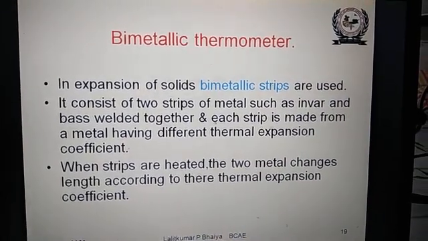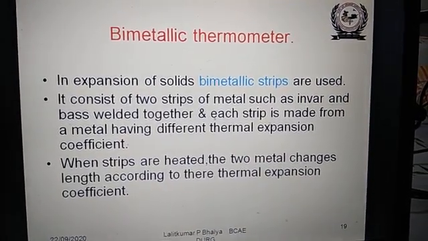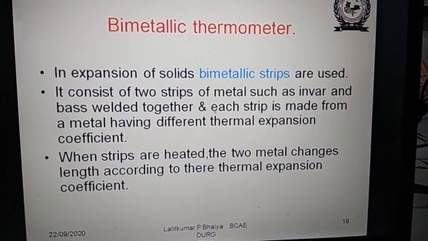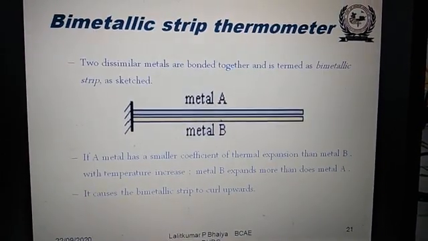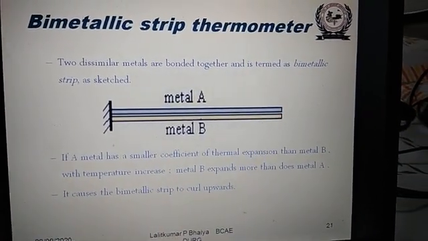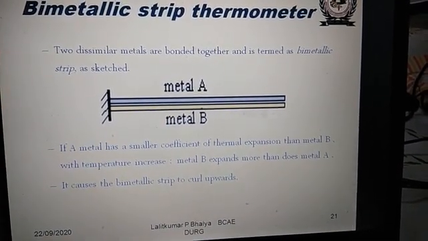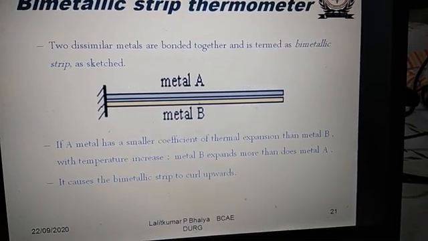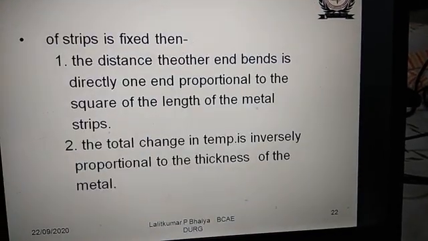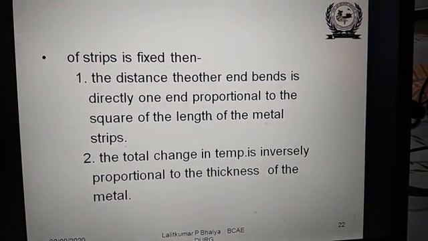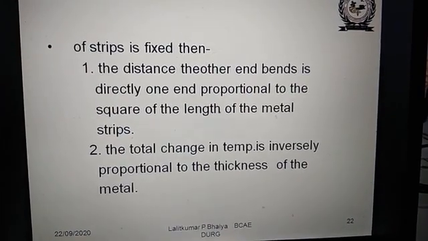This we have already seen in the last video, that is bimetallic thermometer. Bimetallic strips are used. This diagram we have seen, bimetallic strip thermometer, metal A and metal B. After heating, the metal will bend and we will get the temperature.